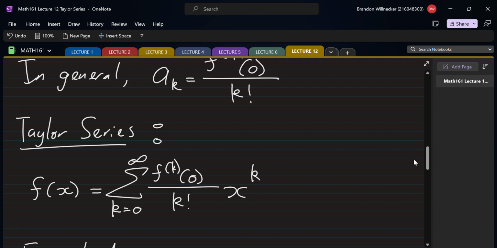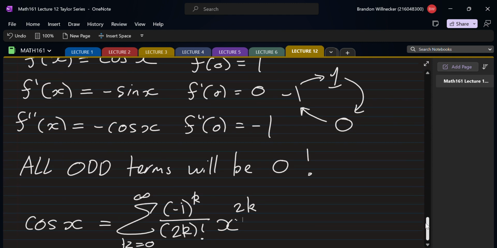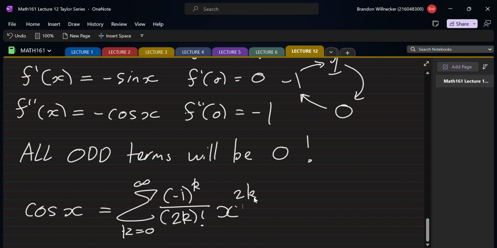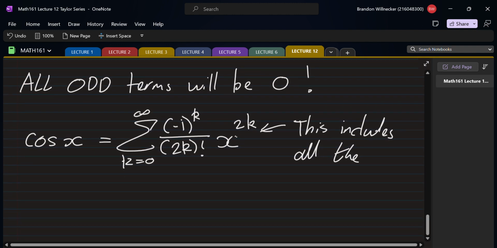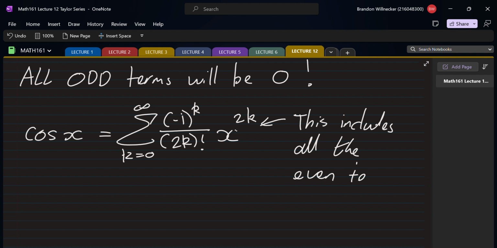The easiest way to do that is to look at 2k. For any value of k from 0 to infinity, 2k will be even, so this includes all the even terms, that being 0, 2, 4, 6, 8, and so on, depending on the choice of k.